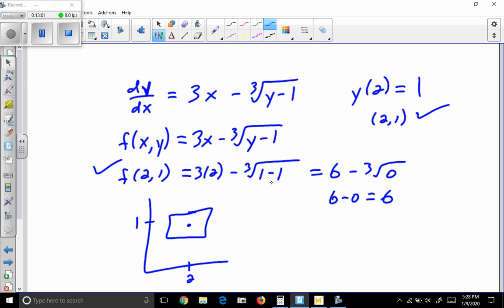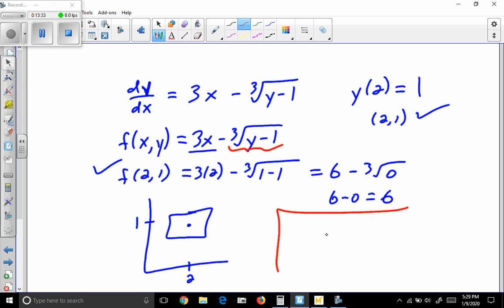Well, for this one, yes, it is, because looking at our equation, if I put values less than 2 or greater than 2, that's not a problem. That's not going to be undefined. And since this is a cube root, we can take the cube root of any kind of number, positives or negatives. So even if we have a y value that is a little bit less than 1, such that this comes out to be negative, that's not a problem because we're taking the cube root.